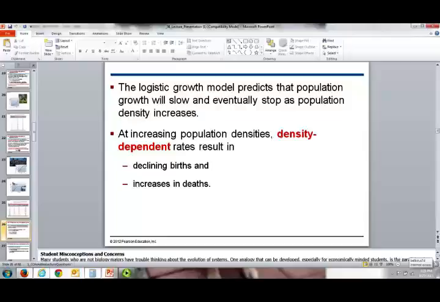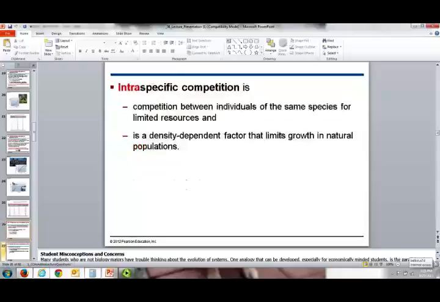At increasing population density, density-dependent rates are going to result in declining births and increasing deaths. You're going to have fewer of the species born, and more of them dying as the population becomes too dense. When we have competition between individuals, it can be intraspecific or interspecific.